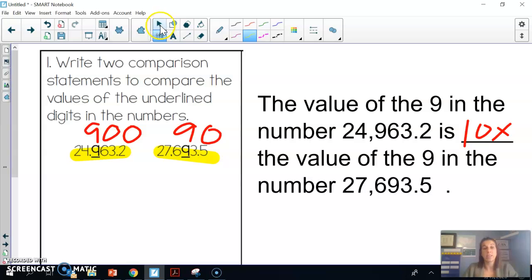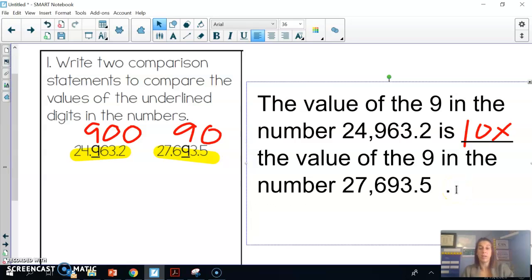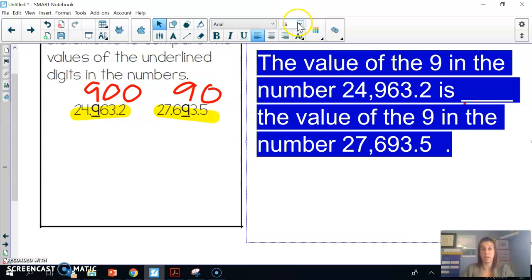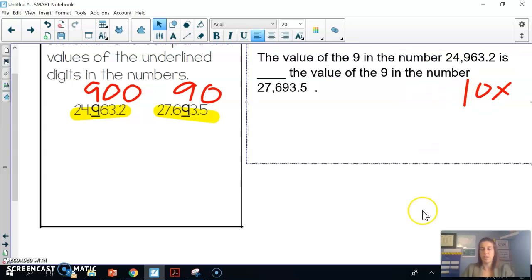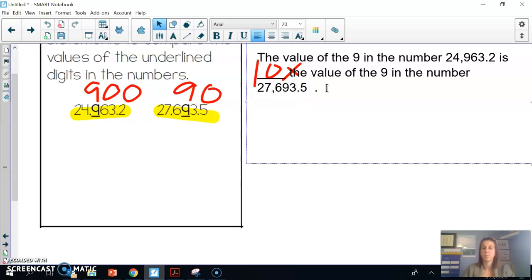Now the directions say write 2 comparison statements. So I'm not done yet. I need to write another statement. And it's going to be the opposite statement of the one that we just did. And I'm going to make this smaller so that we can see a little bit better. And we're doing the opposite statement.